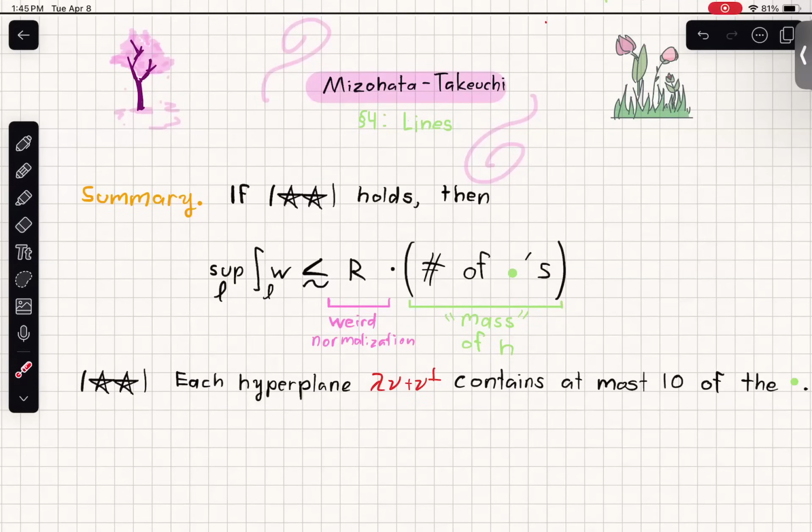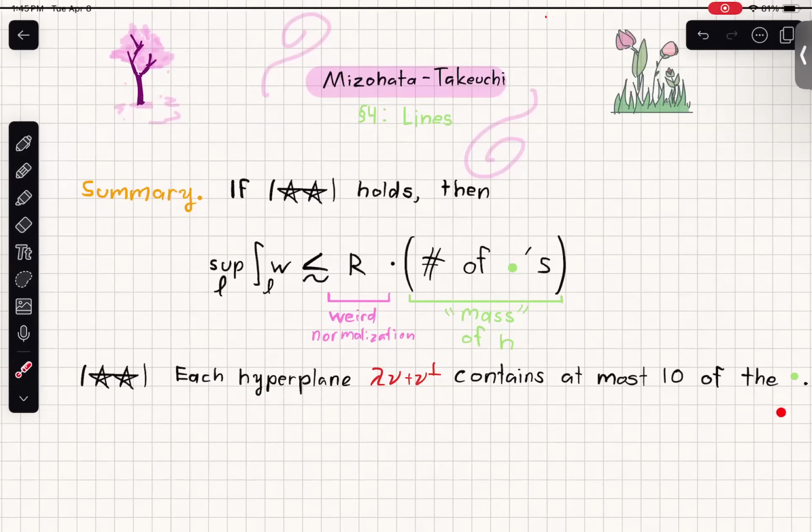But anyways, if we forget the normalization factors, we conclude that if we get this estimate, then we hope that if we have this sort of geometric fact, then we can bound this thing. Okay.